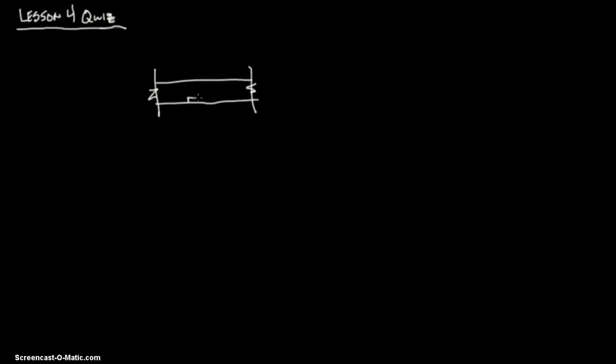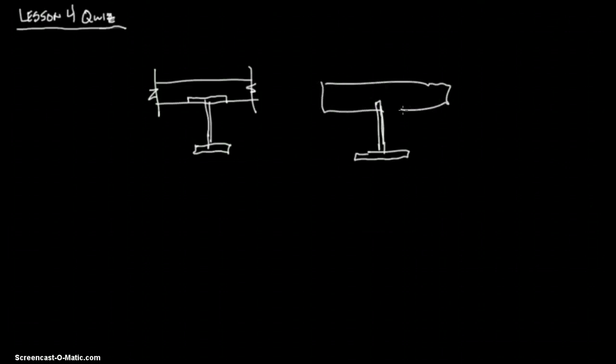But you'll have your top flange embedded in concrete, or sometimes they have T's, and these will be embedded in concrete. Looking at an elevation instead of a cross-section view, here's your bottom flange. And sometimes they'll make it like this.